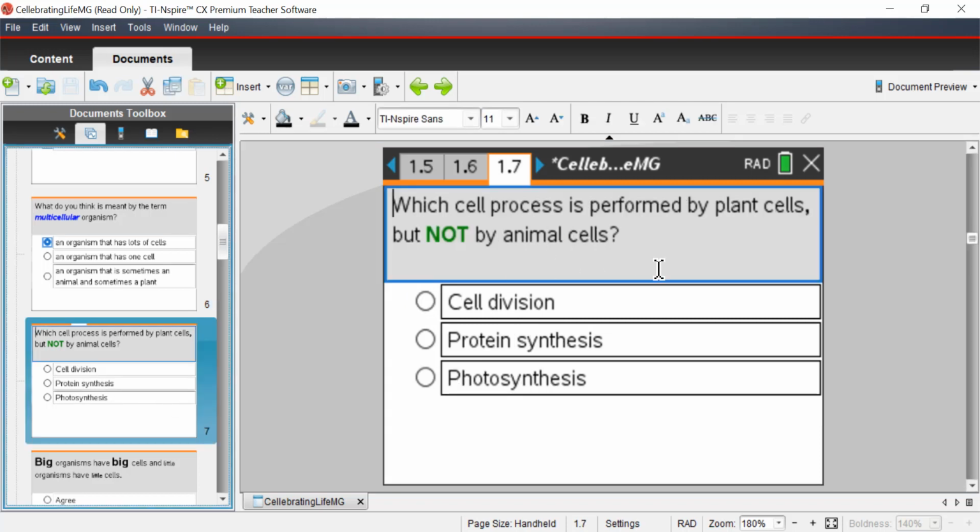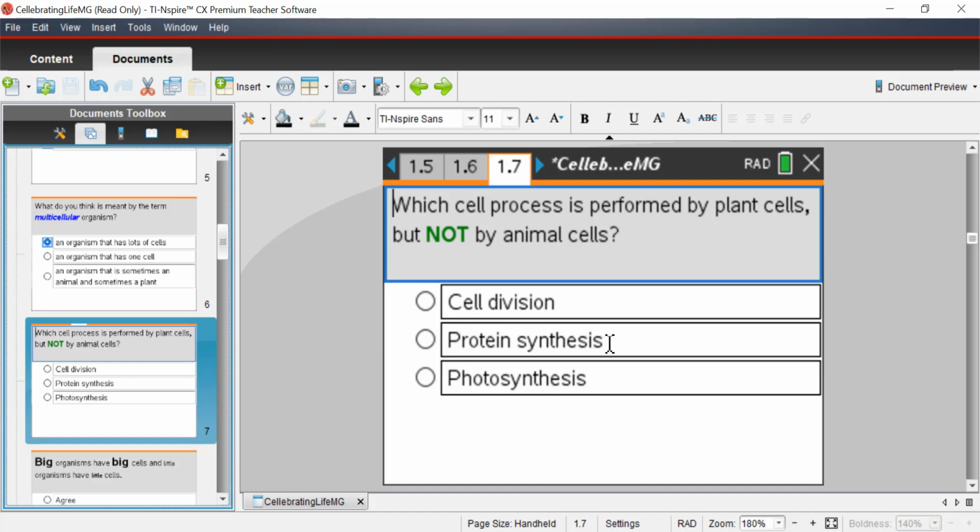Which cell process is performed by plant cells but not by animal cells? Cell division is performed by both animals and plants. We need cell division because it helps us grow. So in the example of the maple tree earlier, those maple trees don't start off that big. They start off as seeds, and those seeds turn into many more cells.